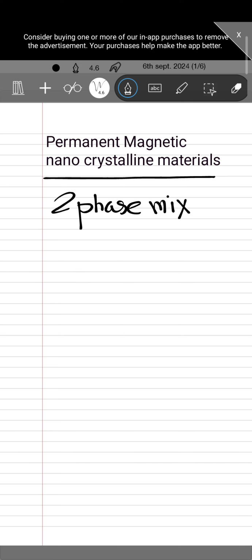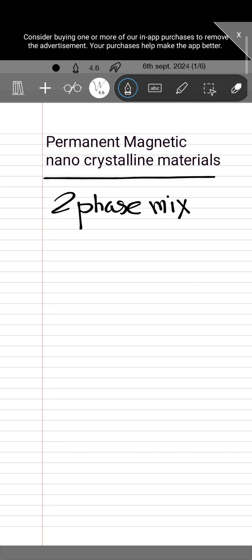Now, by hard we mean that the coercivity is high. That means if you plot the hysteresis loop, the hard one will give a shorter and wider hysteresis loop, but the soft one will give a narrower, longer but thinner hysteresis loop.